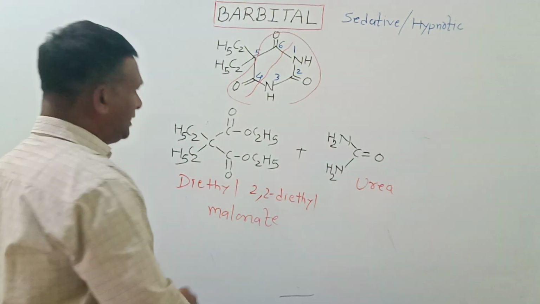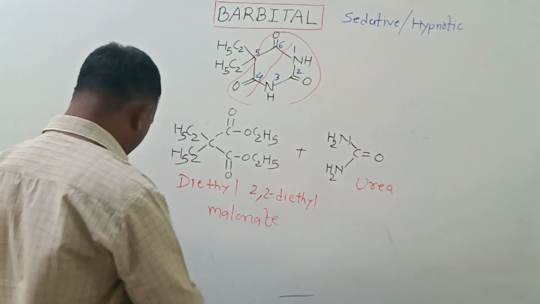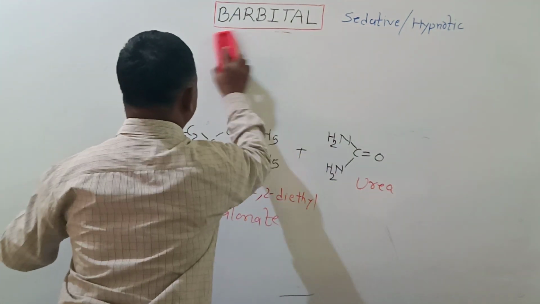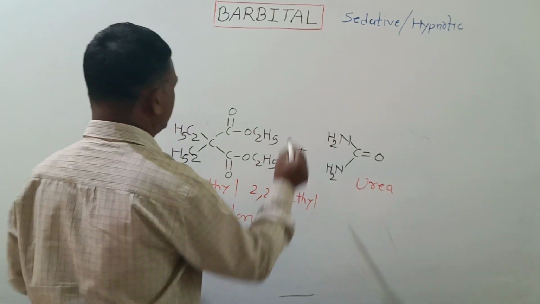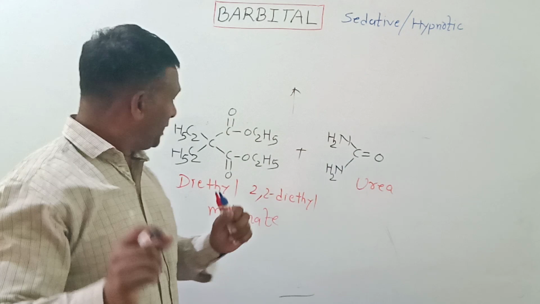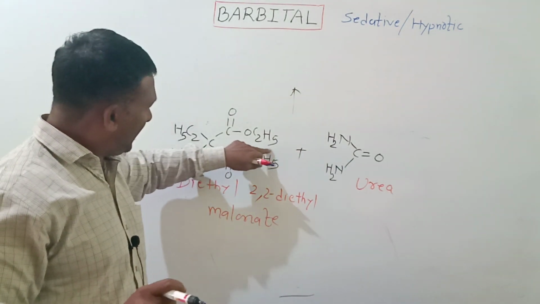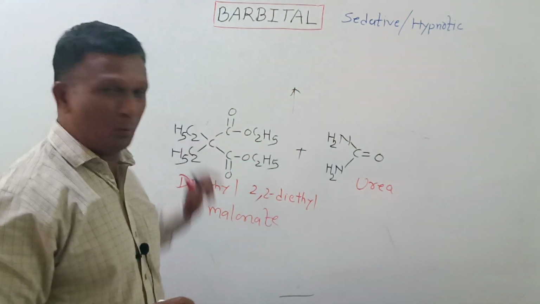Now the reaction has to take place in the presence of a solvating mixture. One very important point is that this alkoxy group is an ethoxy group, C2H5O.